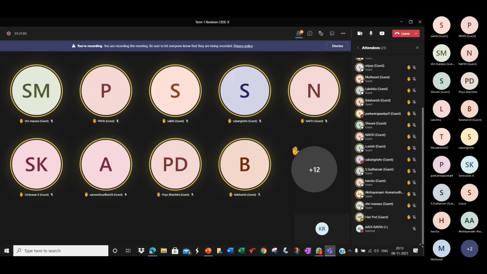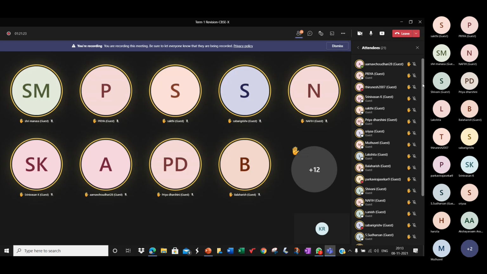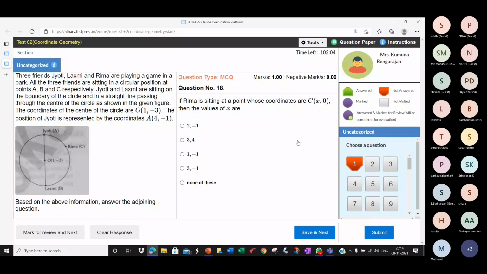We have Ravya, Hariharan, Manasa, Aksharam, Harshita, Sudarshan, Shabari Anish, Nafi, Shivani, Parkavi, Balaharish, Lakshita, Muktuvel, Shriya, Priyadarshini, Shakti, Srinivasan, Thirunesh, Priya, and Arnav. Very good. Good children. Fine, continue.